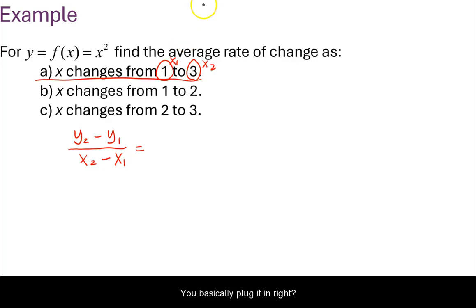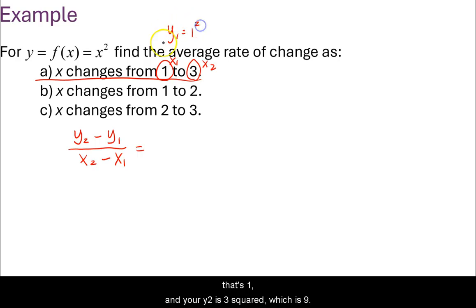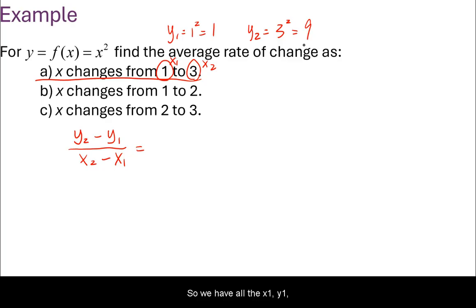And what is y1 and y2? You basically plug it in, right? With x equals 1, your y1 is 1 squared, that's 1. And your y2 is 3 squared, which is 9. So we have all the x1, y1, x2, y2.